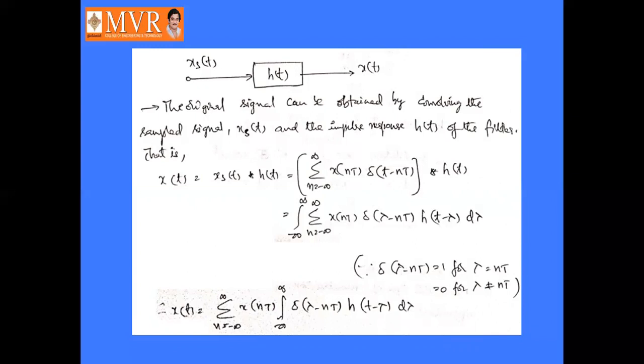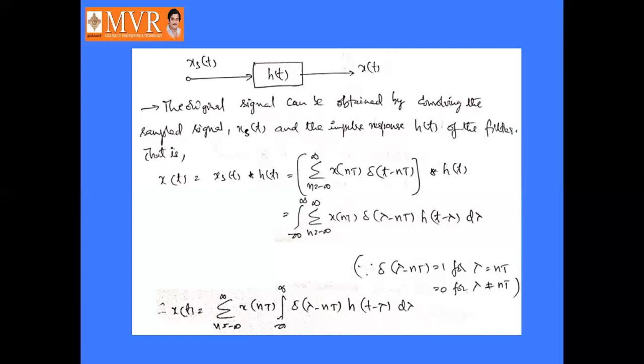We can write this as the integral from minus infinity to infinity of the sum over n of x(nT) δ(τ − nT) h(t − τ) dτ. Delta of τ − nT equals 1 for τ equal to nT and 0 otherwise.